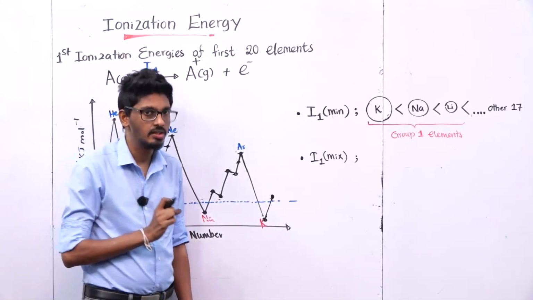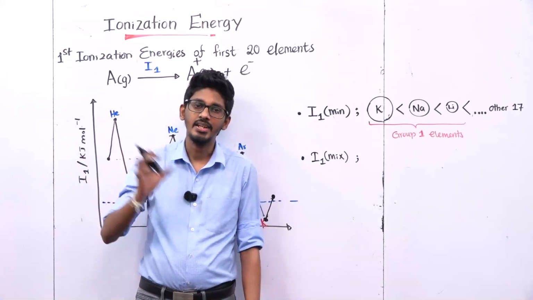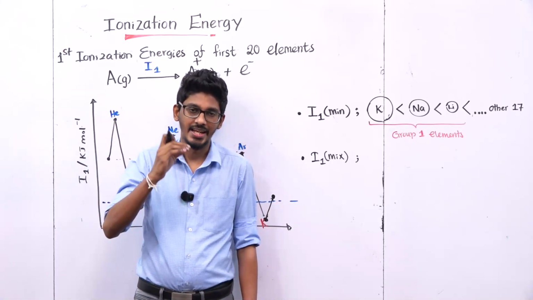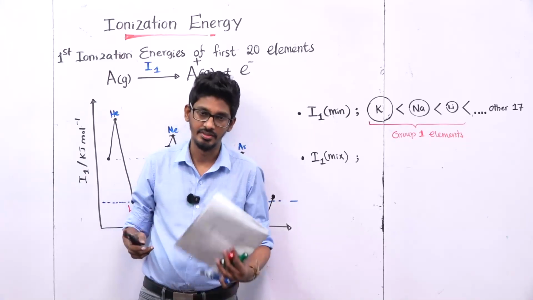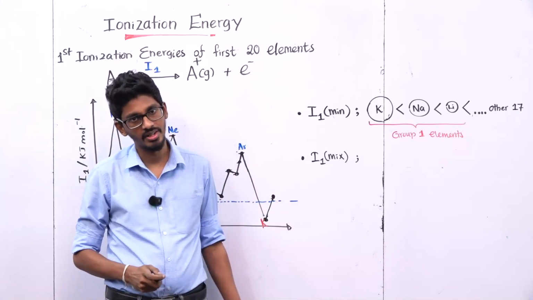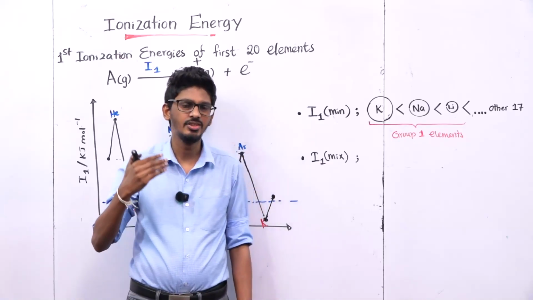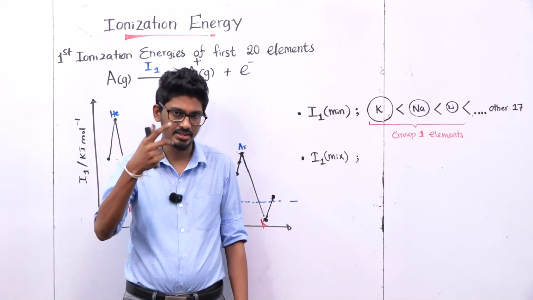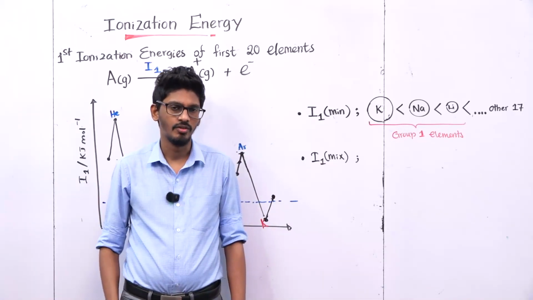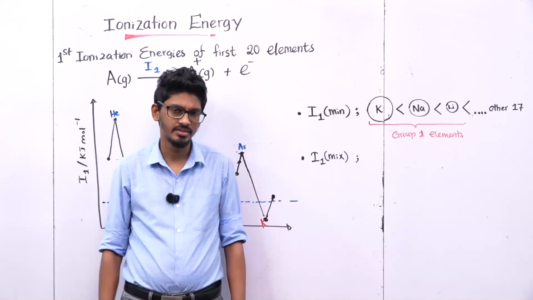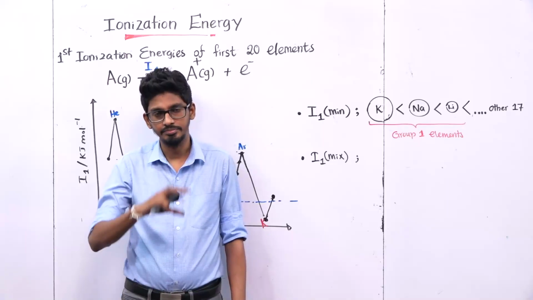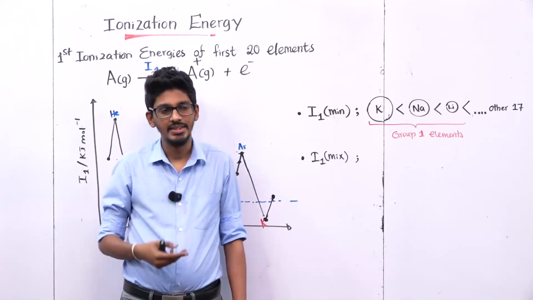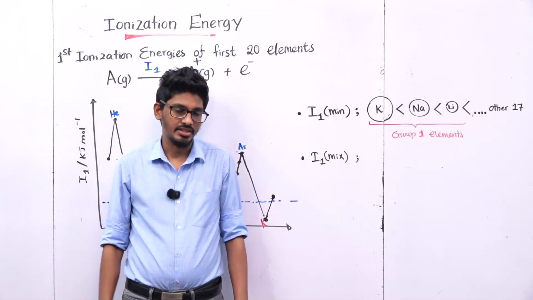Because the group 18 element has the greatest stabilized electronic configuration, the most stable electronic configuration, right? So those are not keen to get rid of that loosely bound electron, or one can say it has the smallest radius. That is why it is not showing any kind of keenness towards releasing the electron.